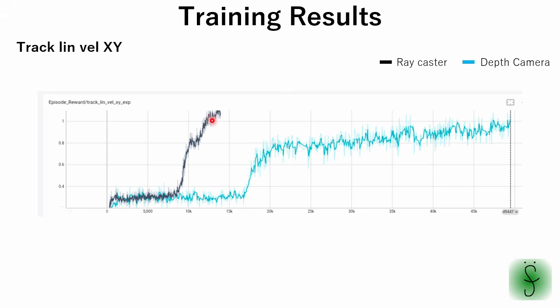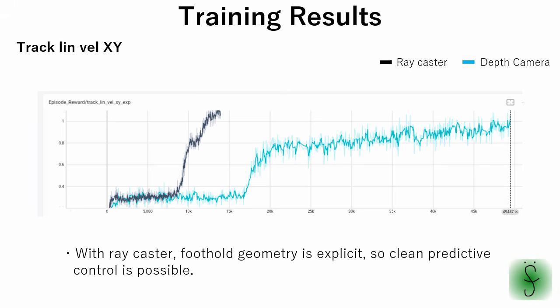We can see that with Raycaster, the track linear velocity XY graph hits 1 almost immediately, but in case of depth sensor, the graph climbs slowly and stabilizes around 0.85 to 0.9. This is because with Raycaster, foothold geometry is explicit, so clean predictive control is possible.